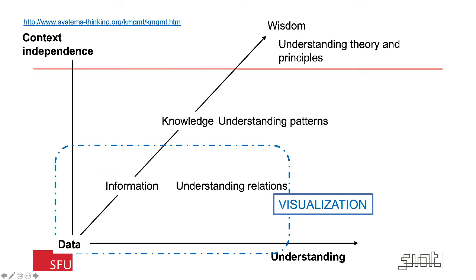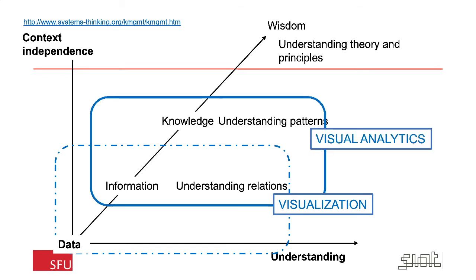And as we bring more context to bear, we're interested in doing visual analytics, so that we can gain some knowledge and understand the patterns among the relationships that are present in the data.